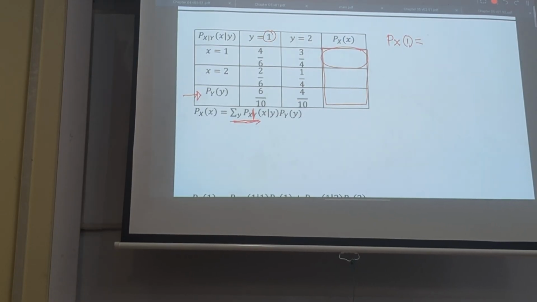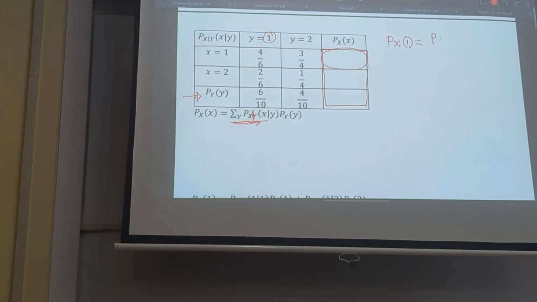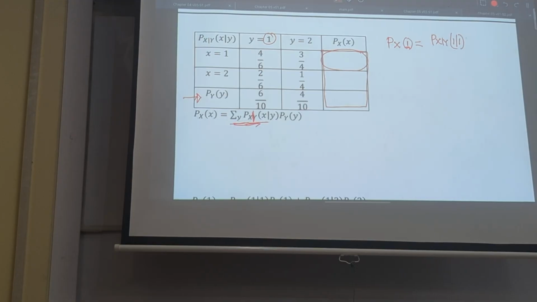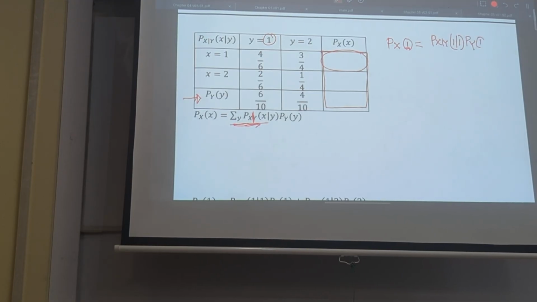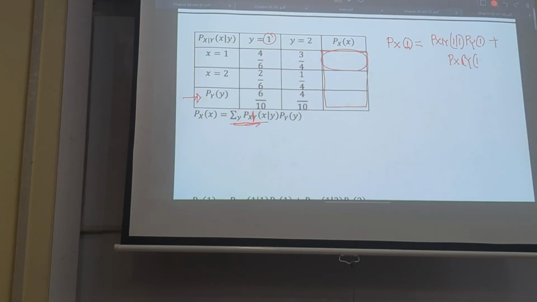The formula says the conditional PMF of X given Y for x equal to 1, y equal to 1, multiplied by the PMF of Y for the value 1, plus the conditional PMF of X given Y for x equal to 1 but now y equal to 2, multiplied by the marginal PMF of Y for the value 2. Now, what is this value? What is this one? 7.